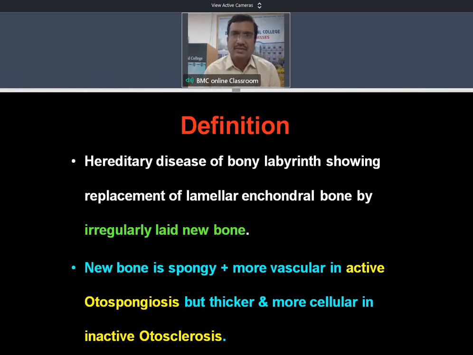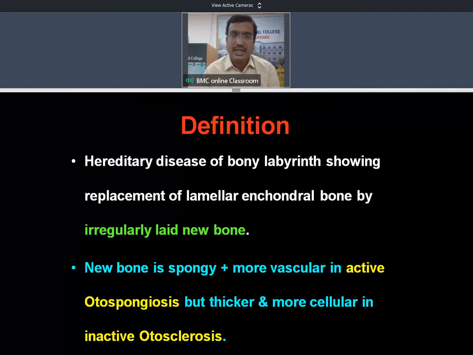So the density of the bone in active disease is like a spongy bone. That's why this is called otospongiosis. So otosclerosis or otospongiosis, both are the same. In otospongiosis, the density of the bone is less compared to the normal bone.